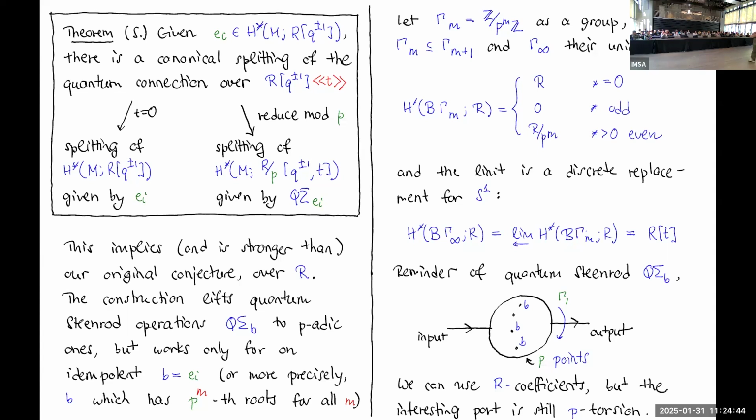So this gives you a canonical splitting in this strange way, which is of course stronger than the original idea of splitting in terms of power series in t, but it requires coefficients in the p-adic integers essentially. Okay, and the proof of this is basically a reflection on the previous use of quantum Steenrod operations.